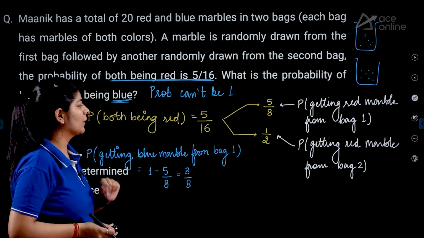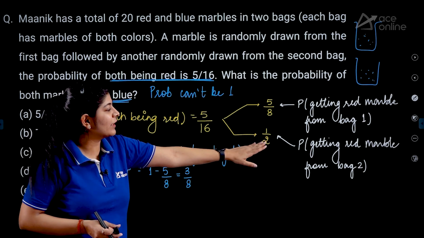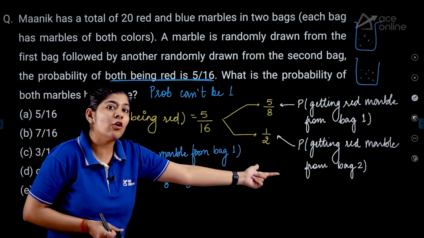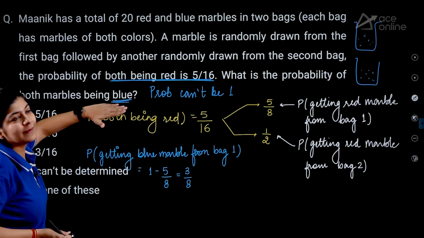Is it clear? Okay. Now, we have to find out the probability of getting a blue marble from bag 2 also. And why do we want it? Because we want both marbles as blue.